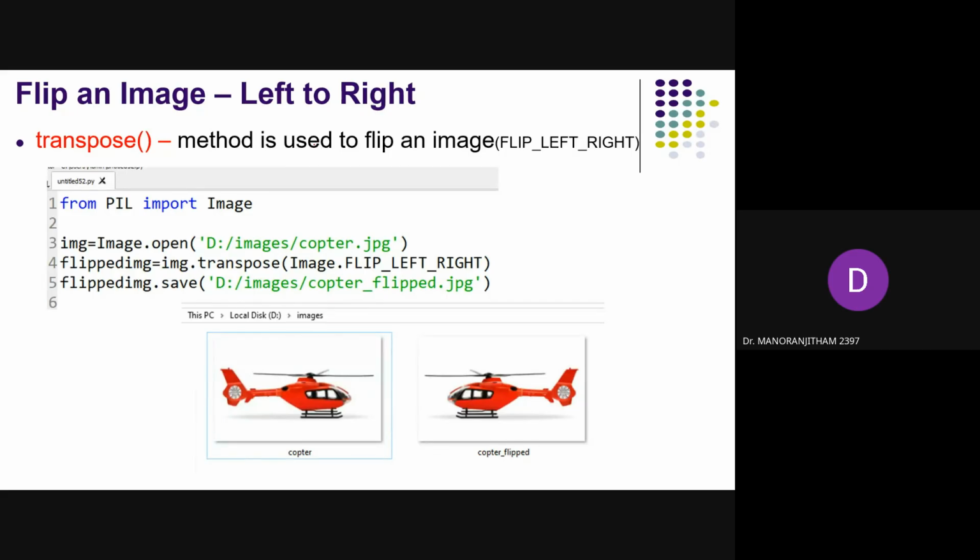But if you want to flip the images left to right, then you say image dot flip underscore left underscore right. I will show you the implementation of this.